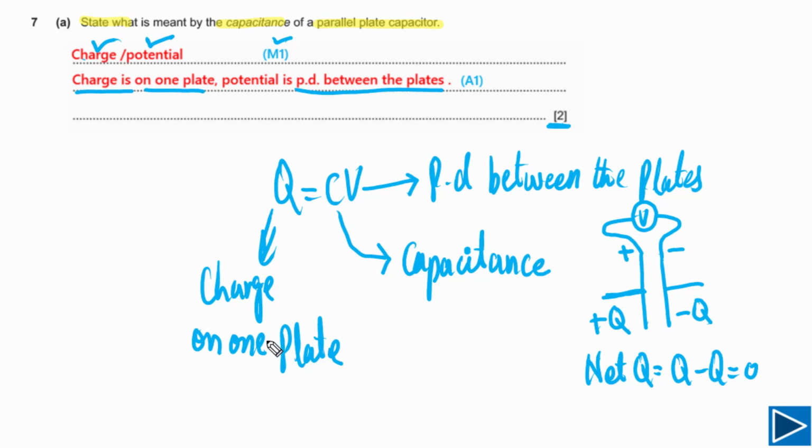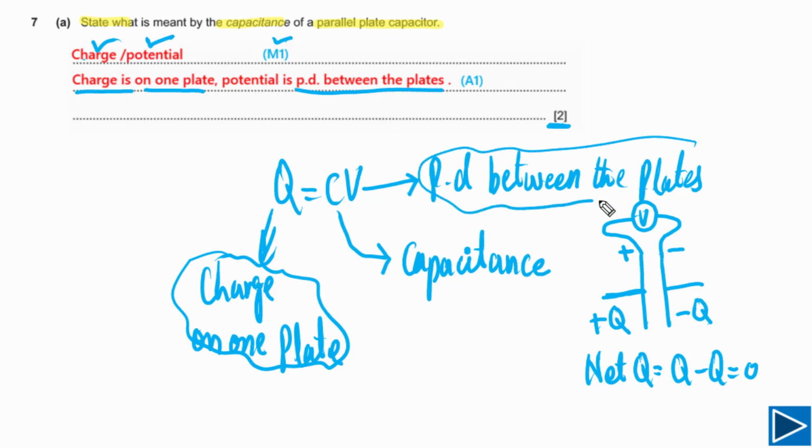As I have already explained, Q is the charge on one plate and V is the potential difference between the plates. From here, you can write down C is equal to Q over V, and then you need to explain what Q and V are. So Q is the charge on one plate and V is the potential difference between the plates.